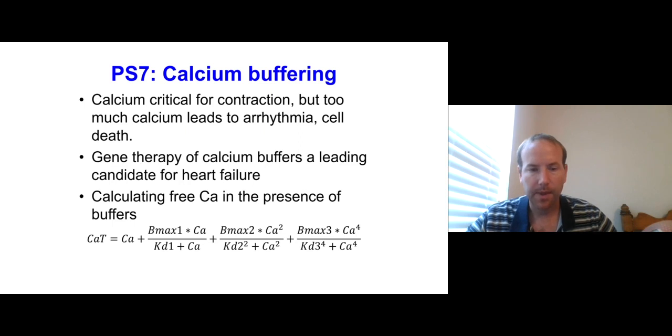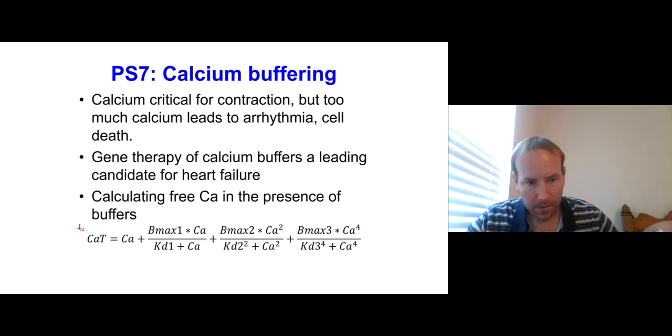Based on this importance and the role of calcium buffers, we want to look at how we can solve this mathematically. This equation represents the different states that calcium can be in.